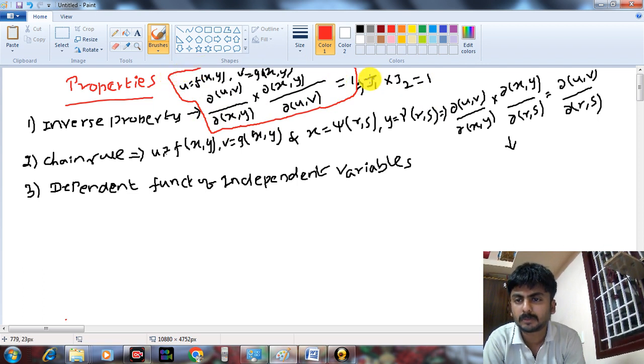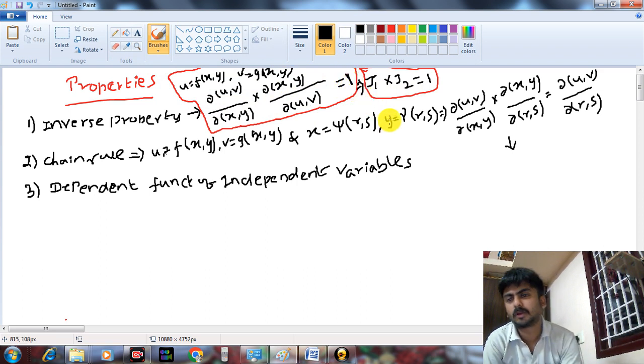That is our first property, and it can also be written as J1 times J2 equals 1, where J2 is the inverse of J1. That is, if J1 equals dou of (u, v) by dou of (x, y), then J2 will be dou of (x, y) divided by dou of (u, v), and the product is equal to 1.